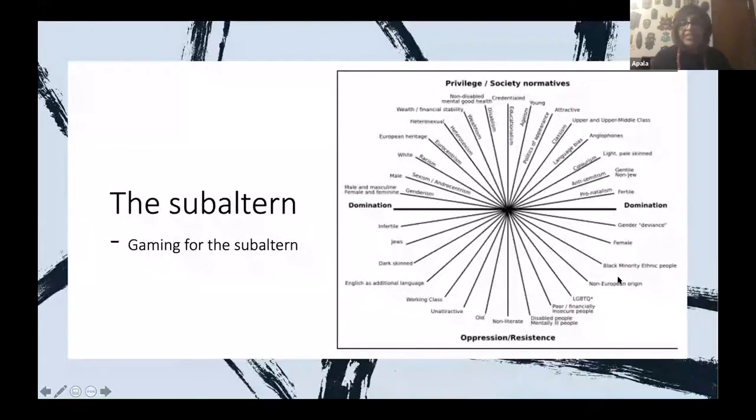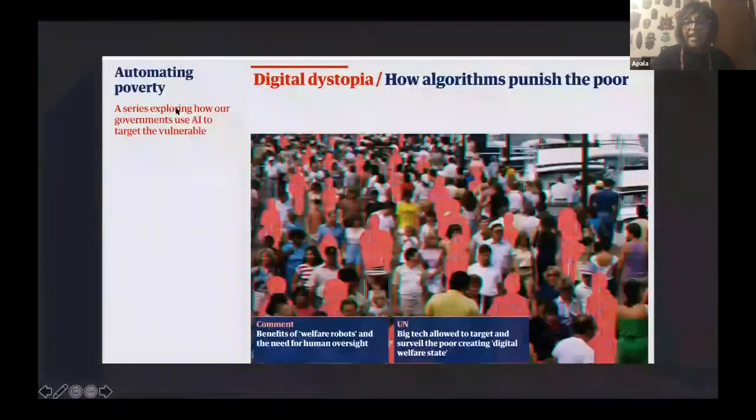This is from a game design paper in one of the HCI journals. The way they've defined the subaltern is those who are working class or unattractive or old or not literate, coming from minority communities, don't know English well, dark skin, and so forth. So that's what I mean.